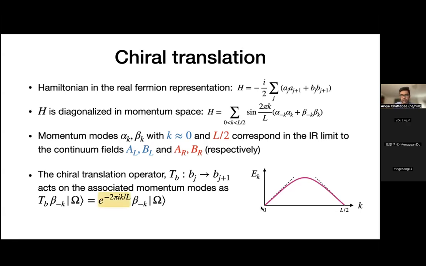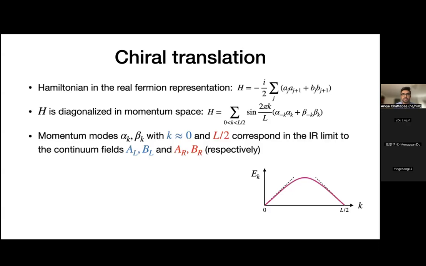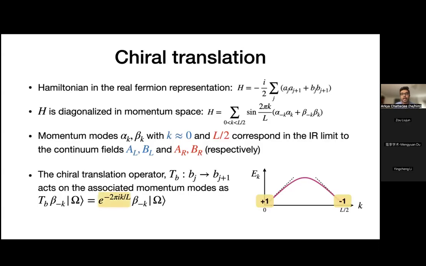If we concentrate near the low energy modes, which are near k equals 0 and k equals L over 2, this phase takes the value +1 near the left movers and -1 near the right movers. So T_B acts like the right moving charge conjugation, which flips the sign of B_R but not of B_L. That's what this argument shows us.